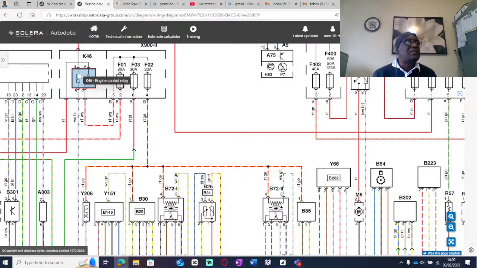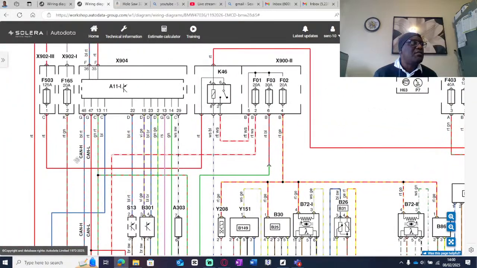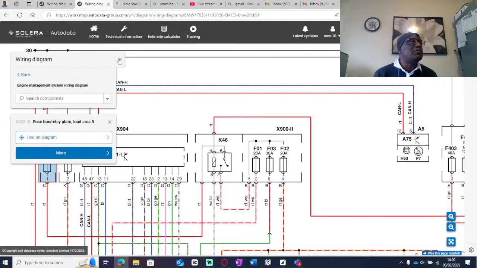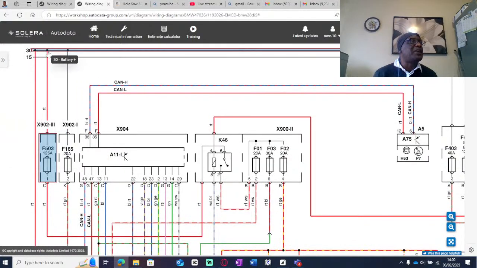And then that magnetic field is created by the current flowing in this coil, and it pulls that switch and it closes. Now, when that switch closes, look where it's coming from. Your number 6 is coming. Let's follow that red wire. It's coming from this 125 amp fuse that is connected to your battery live.